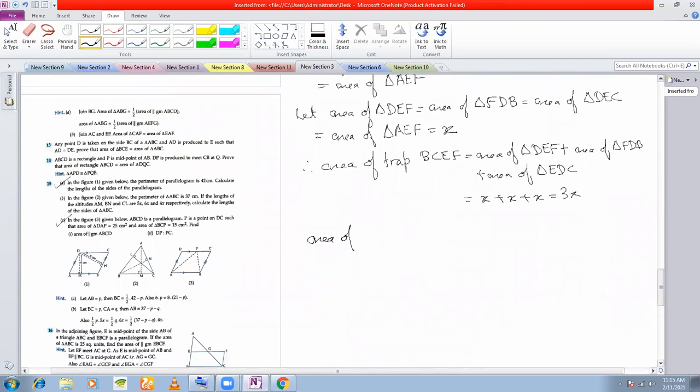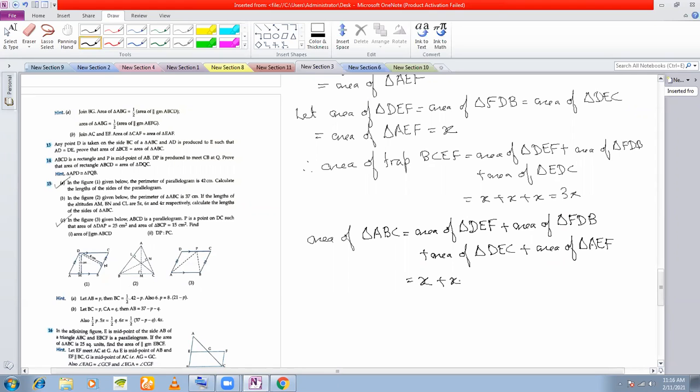Area of triangle ABC is equal to area of triangle DEF plus area of triangle FDB plus area of triangle DEC plus area of triangle AEF, which is equal to X plus X plus X plus X, 4x.